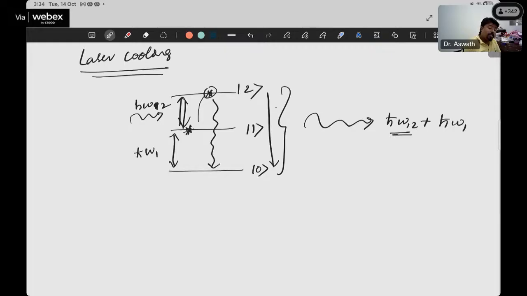So in this way, the internal energy of these particles got reduced. But the internal energy reducing means the temperature is going down. So this is called laser cooling. And how do we do it?